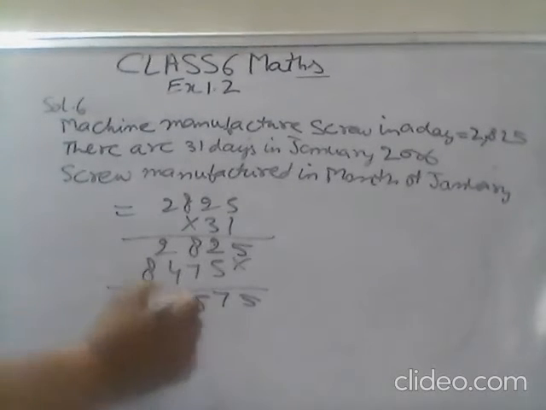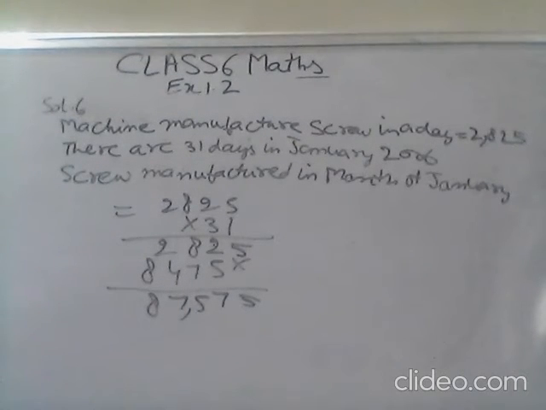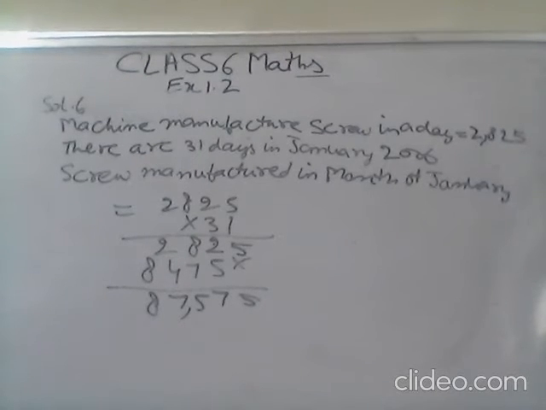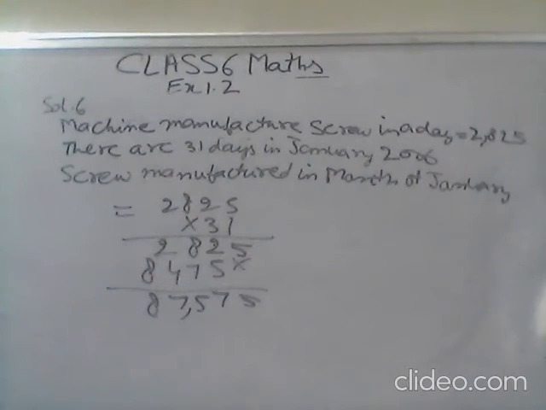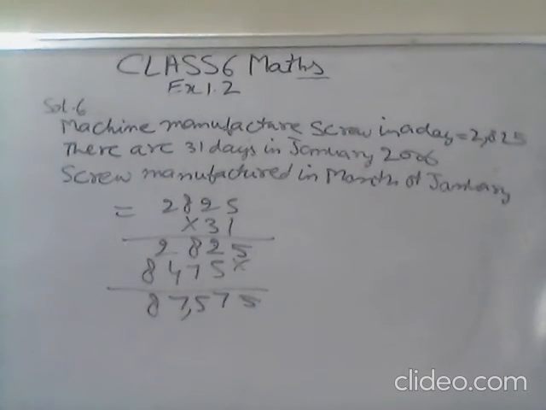That is 87,575 screws. Machine produced 87,575 screws in the month of January.